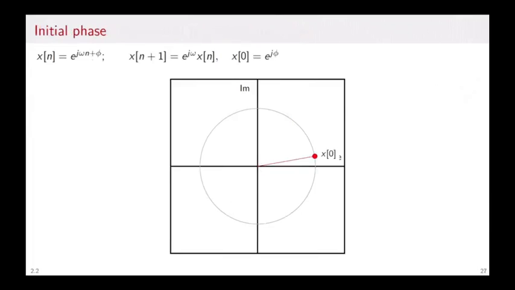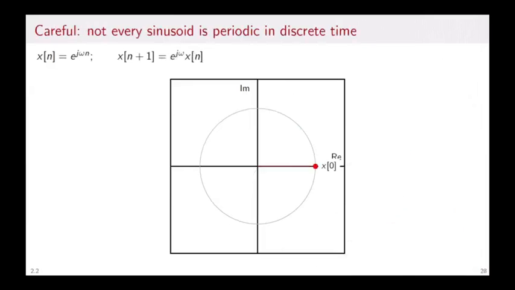Now, if there is an initial phase, we don't start from the real line, but we'll start with an angle theta. But then the same story goes on, and as we go x[6], 7, etc., at x[12] we will be back at the same location as x[0]. Now, one has to be careful, because not every sinusoid is periodic in discrete time.